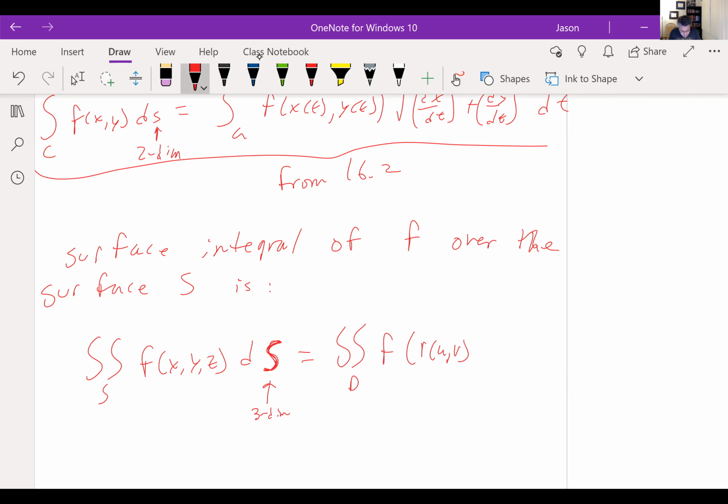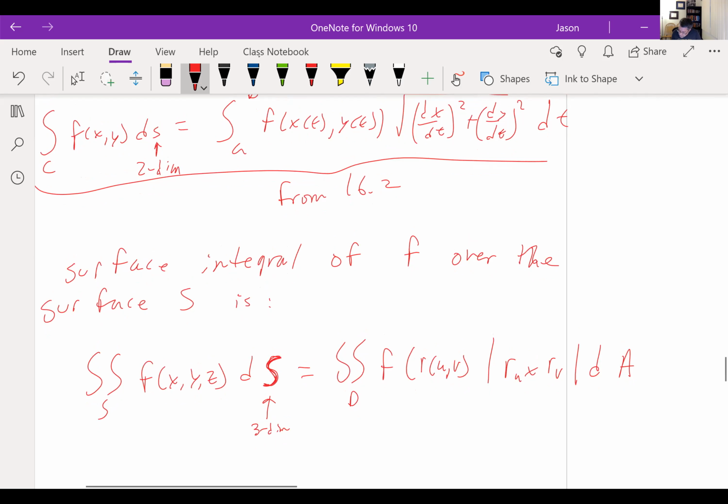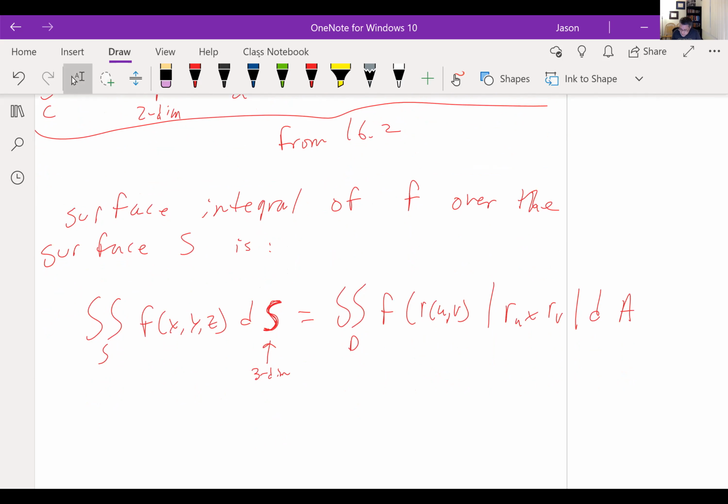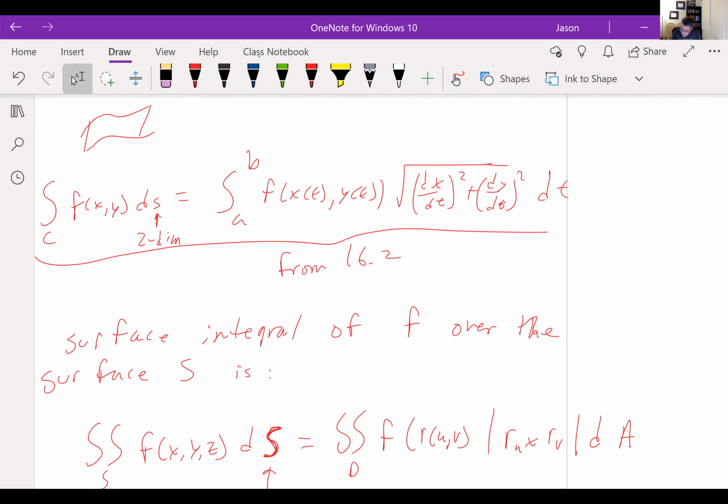So we parametrize this thing in terms of r(u, v), times the magnitude of r_u cross r_v, dA, over the area of the surface integral, with respect to A. Instead of before when we had dt, because t was just one parameter, now it's in terms of 2 parameters, u and v, and so it's an area of u versus v. Whereas before we had a single integral, now we have a double integral.